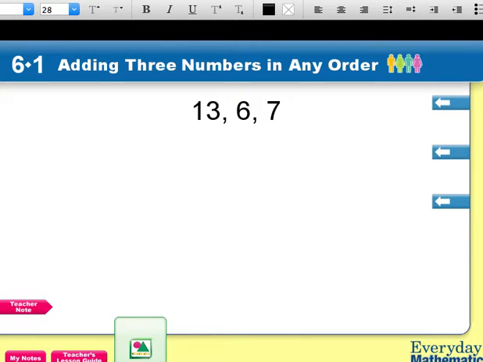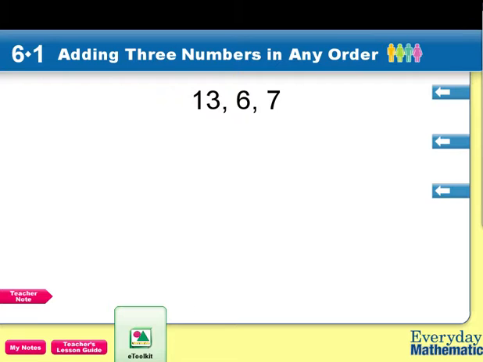So we may have a problem such as 13, 6, and 7. And they're going to ask you to add these numbers together. So 13 plus 6 plus 7. What does that equal?